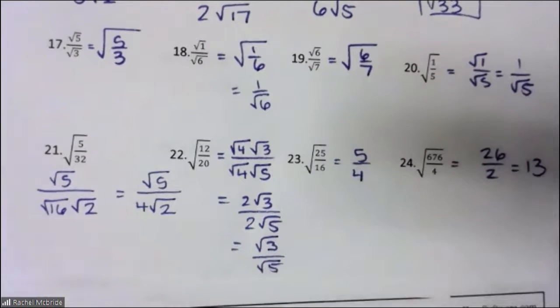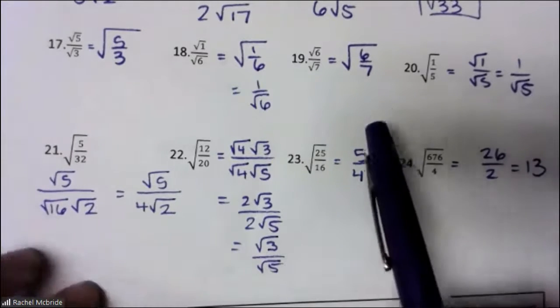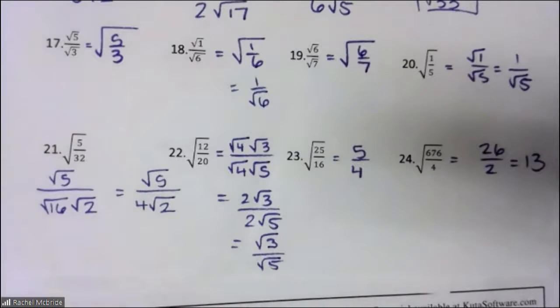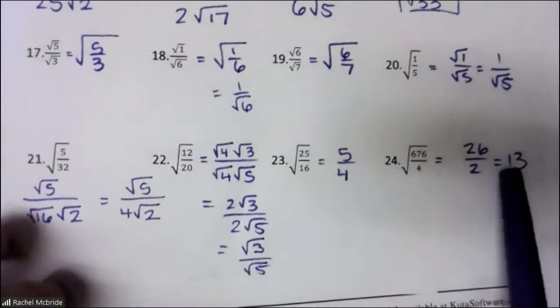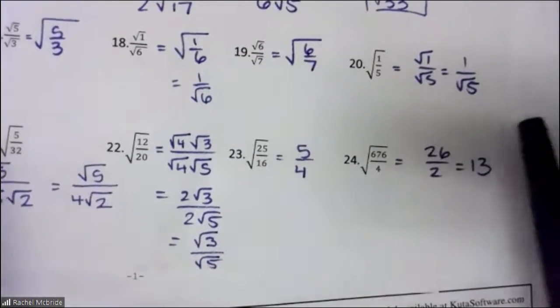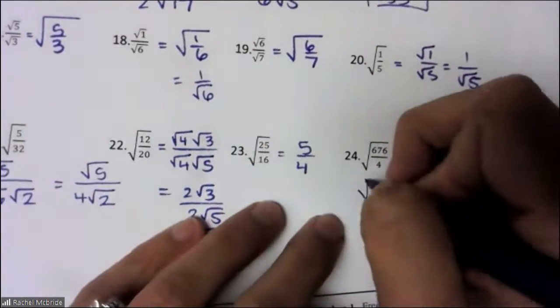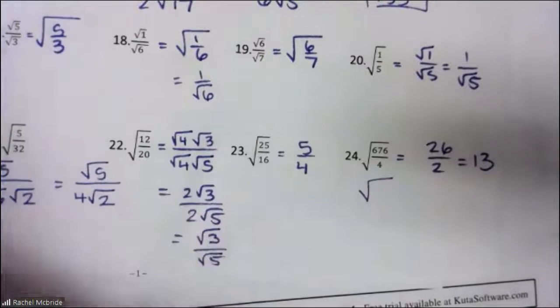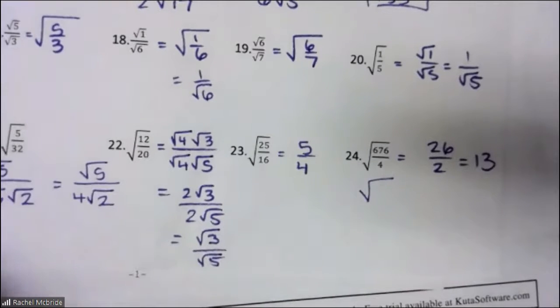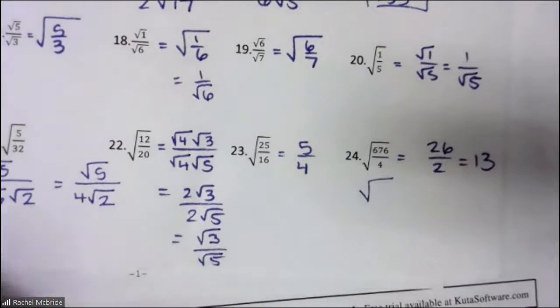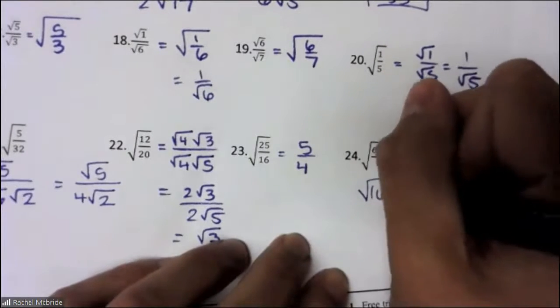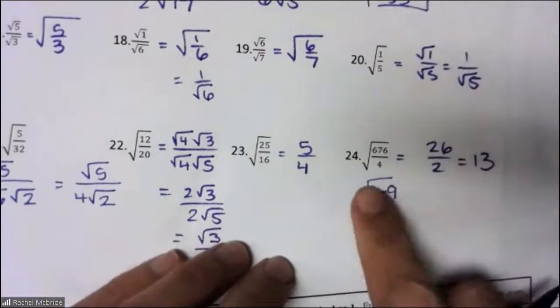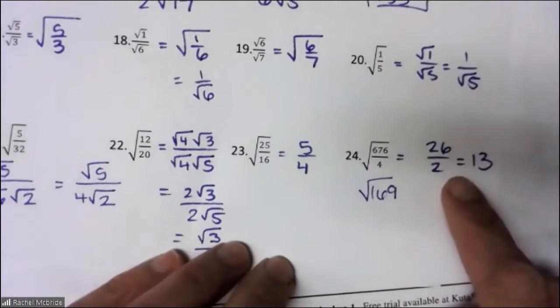But your final answer was root 3 over root 5. 23 was 5/4, and 24 was 13. But again, in 24, you could have actually started by taking 676 and dividing it by 4 and seeing that you had that perfect square, which is also 13.